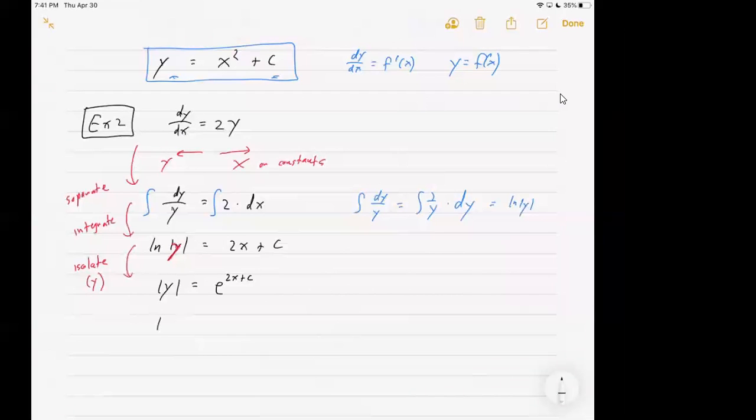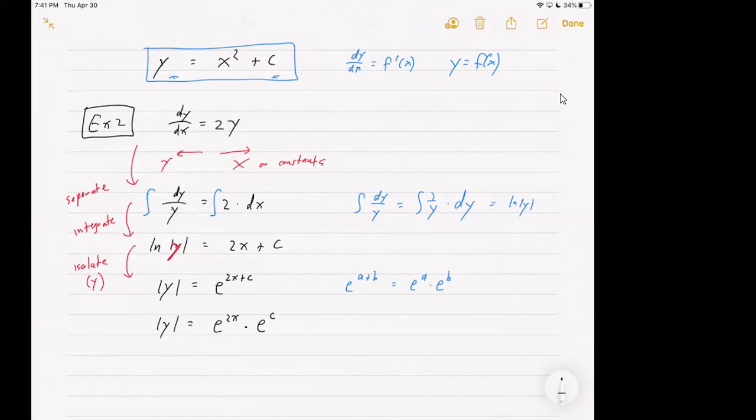All right, now we still need to figure out what y could be. Let's go another step here, doing a little more algebra, using, let me write a rule of exponents on the side. If you have e to the a plus b, that's the same as e to the a times e to the b. All right, so I can say that the right-hand side here is equal to e to the 2x times e to the c.